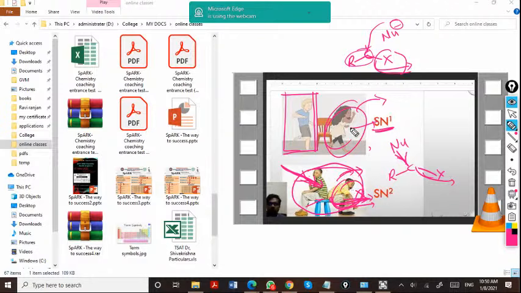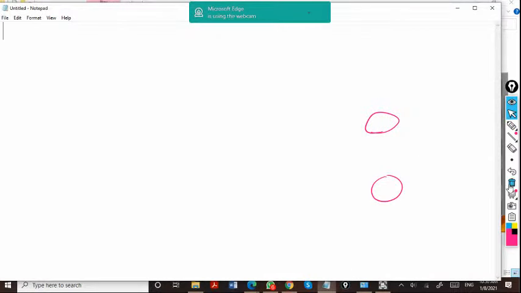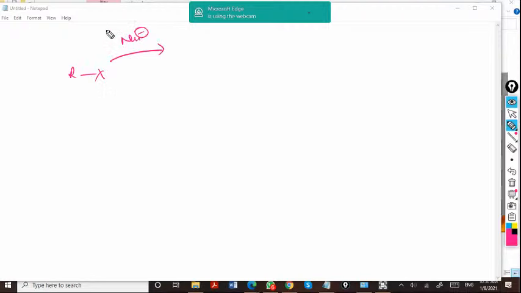This is the main difference, and this is the best picture to explain SN1 and SN2. Now let's see the mechanism. When you take an alkyl halide, there can be a strong nucleophile and a weak nucleophile. When it is a strong nucleophile, what is going to happen?